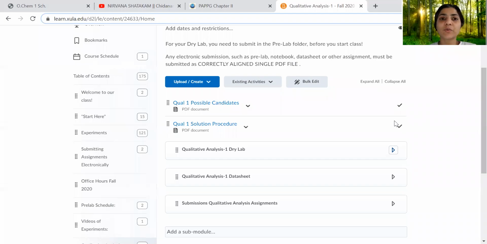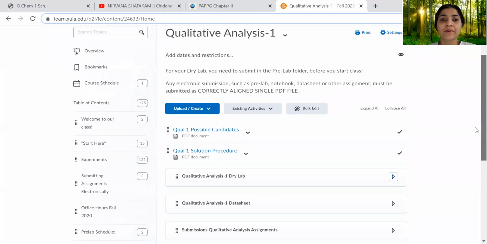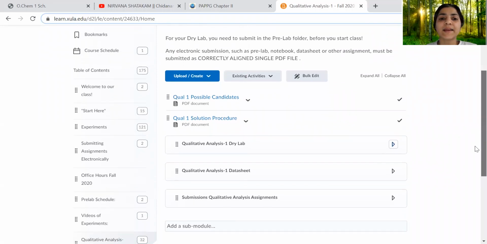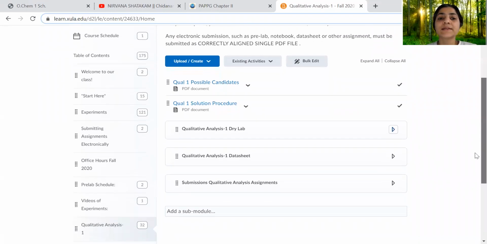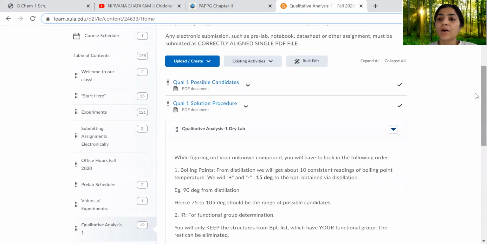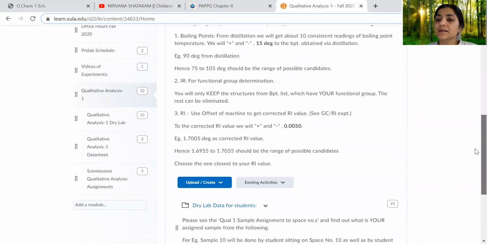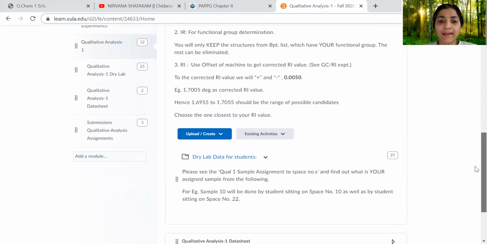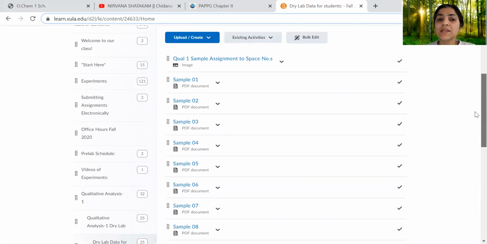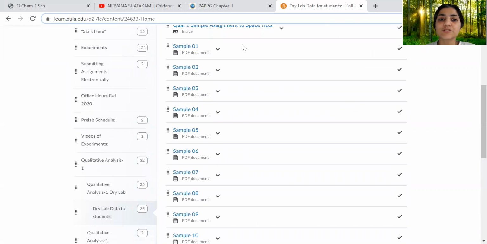When you come for your qualitative analysis lab, you will be assigned one particular sample. All of these samples will be handed out to the students, and each one of you is responsible for your own sample.